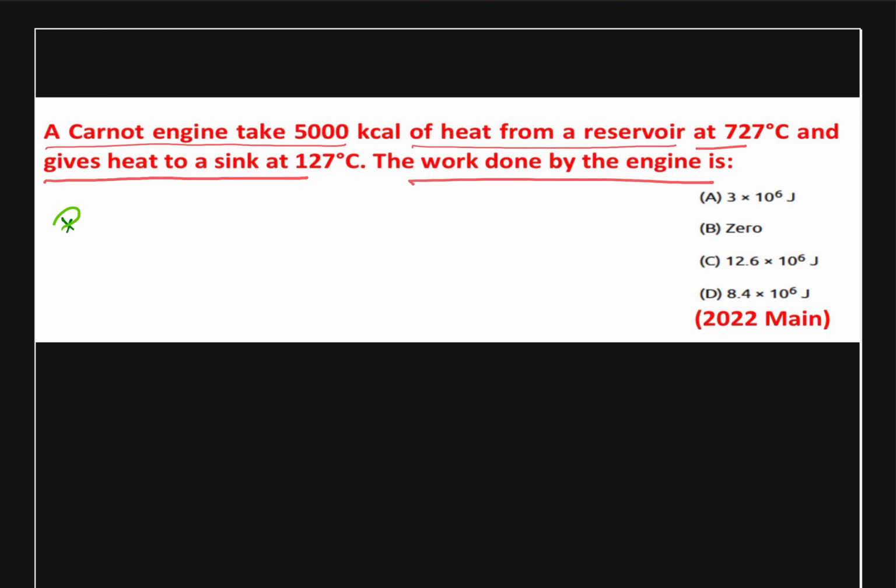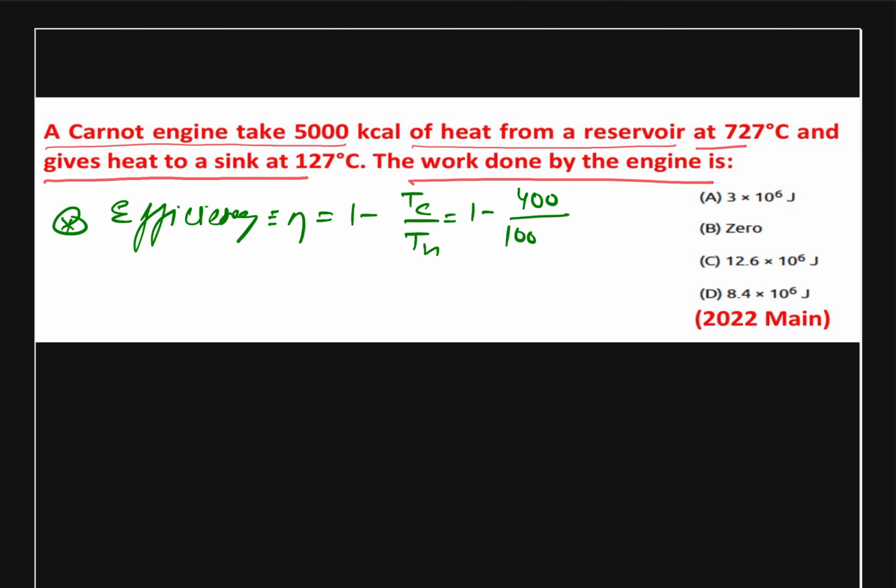One is using the temperature, so we can say our efficiency, which is nu, is equal to 1 minus T of C divided by T of H, and so this comes as 1 minus, this is 127 degree centigrade, so it will be this plus 400, and 727 is going to give us 1000, so this comes as 0.6.